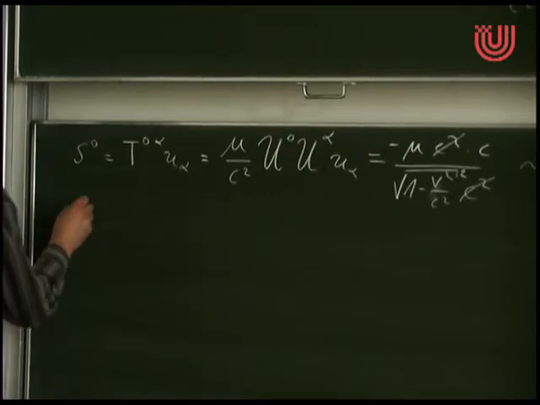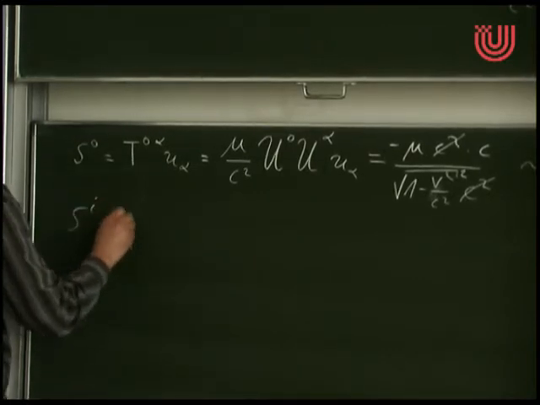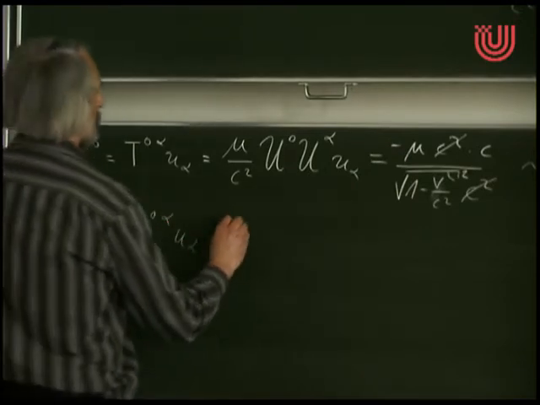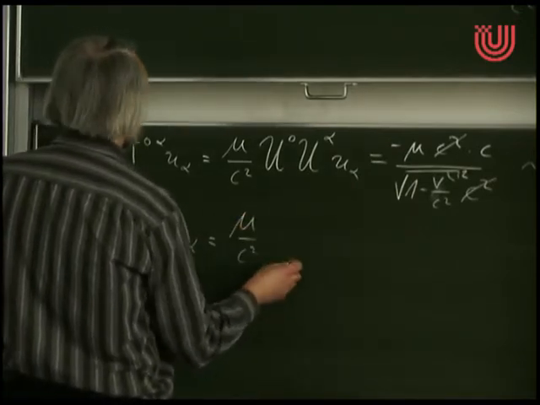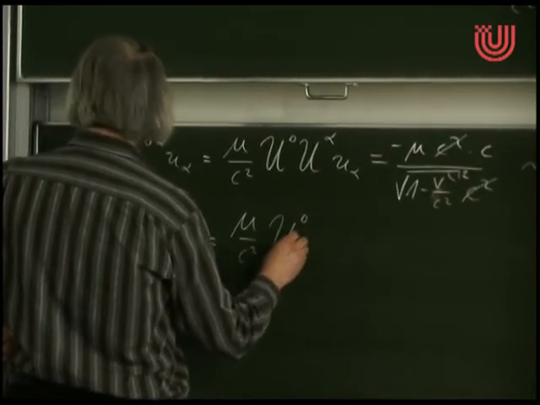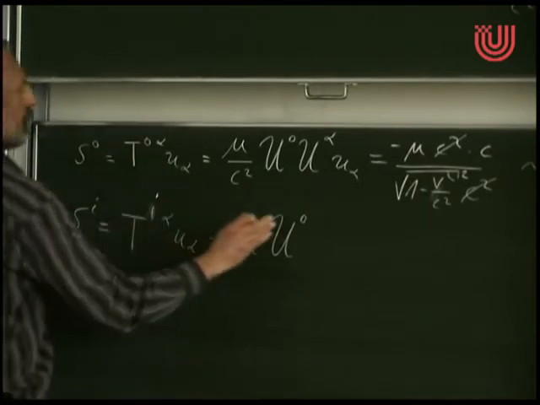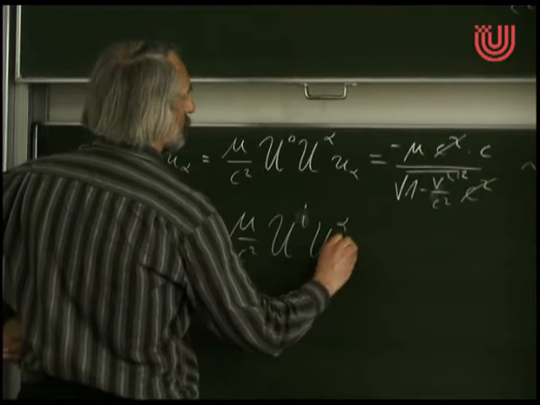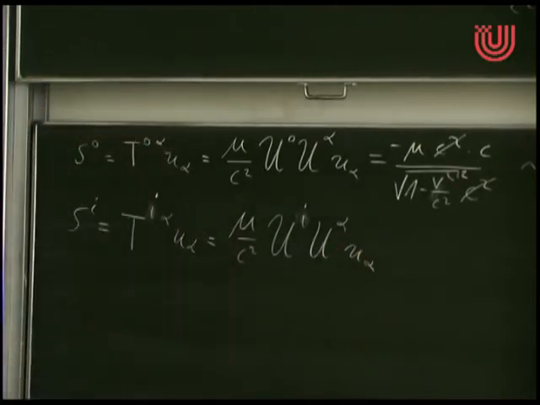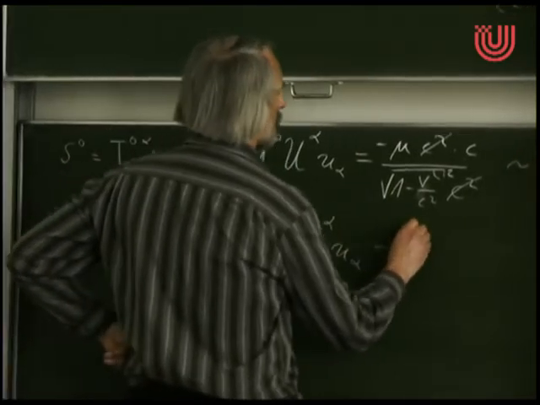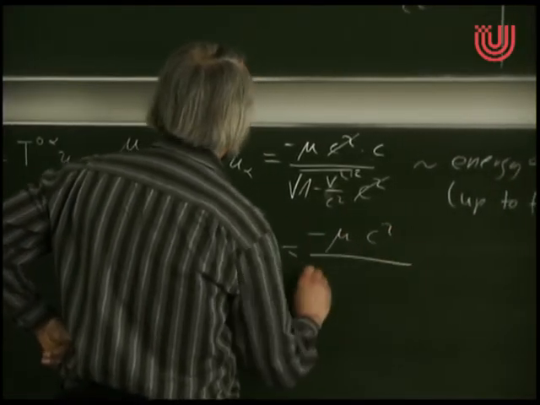Okay, and S I, let's see, what is S I? The spatial part, that is mu over C squared. Again, U naught. And, no, what, U I. U alpha, and this gives minus C squared again over the root.